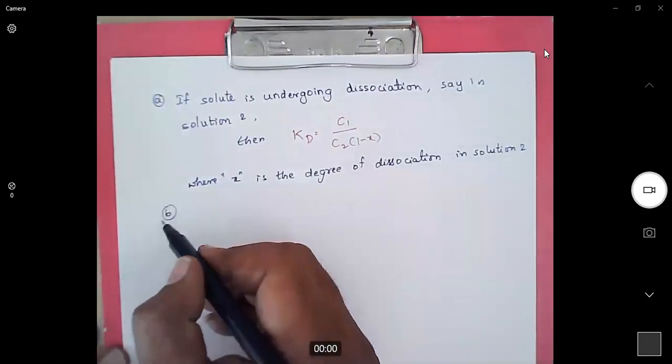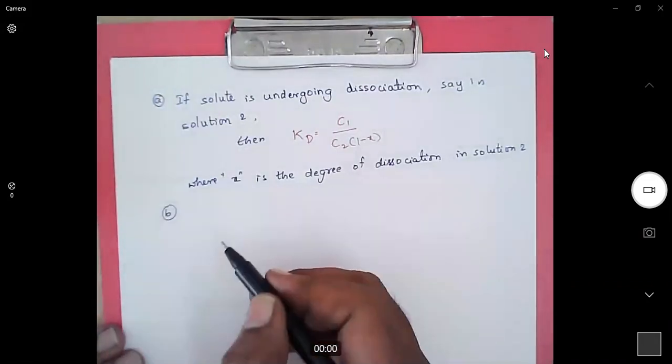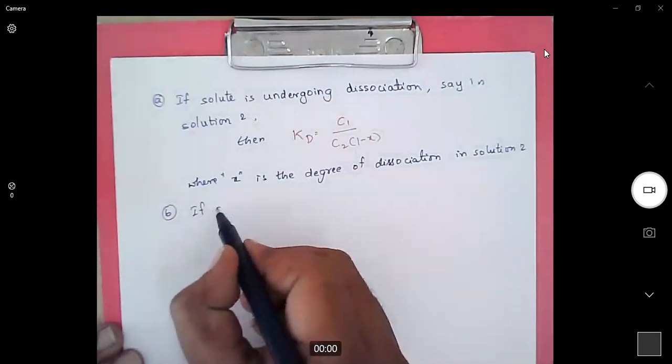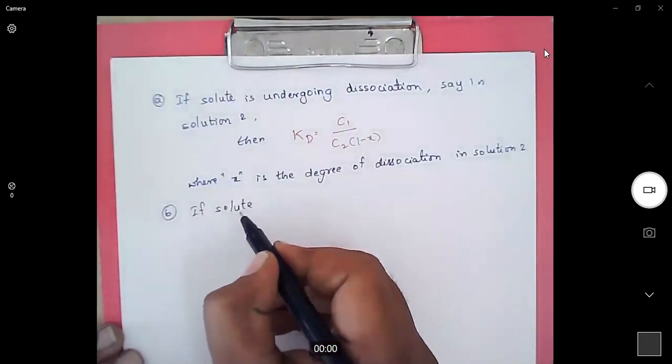Similarly, if we know a solute is undergoing association, then also we can calculate the partition coefficient.